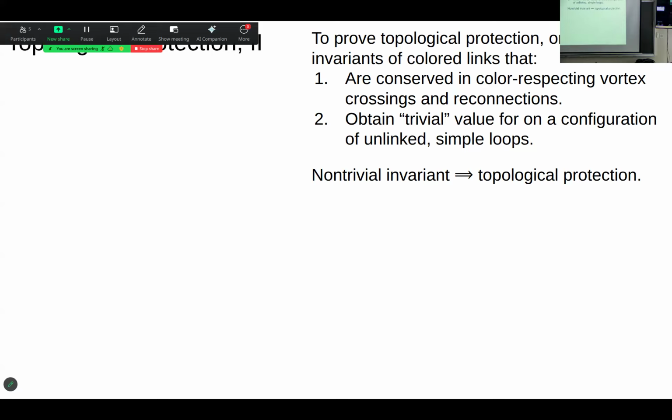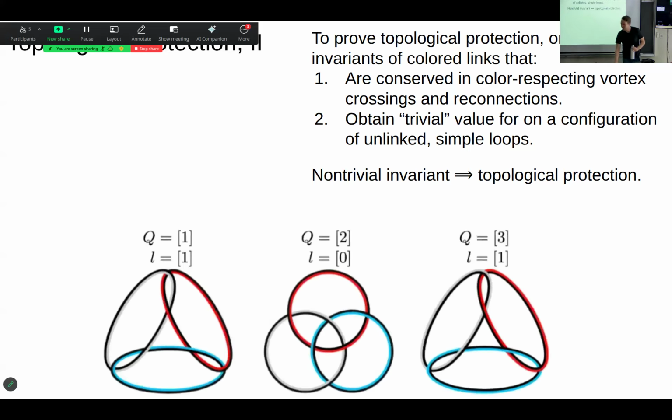These usually take values in some sort of group, and all groups have a trivial element. In this case, a non-trivial invariant means topological protection, since you cannot destroy the knottedness of the vortex structure by using this evolution, decaying into simple unlinked loops.